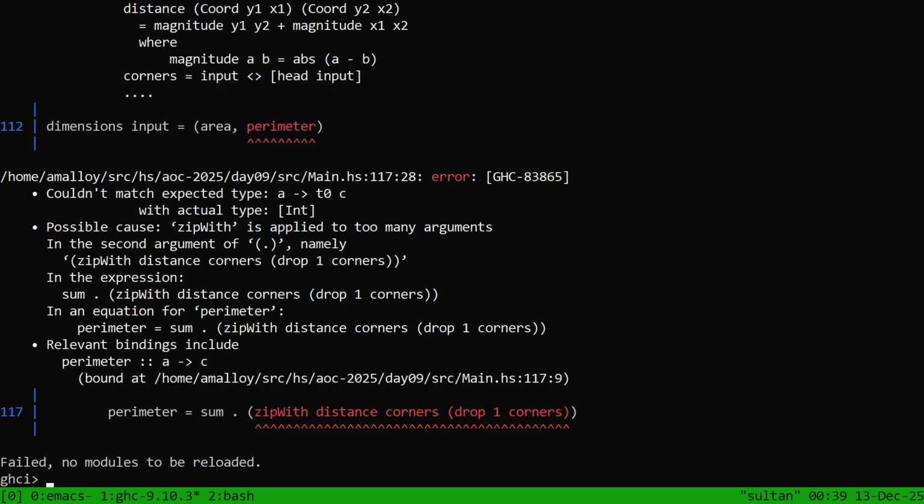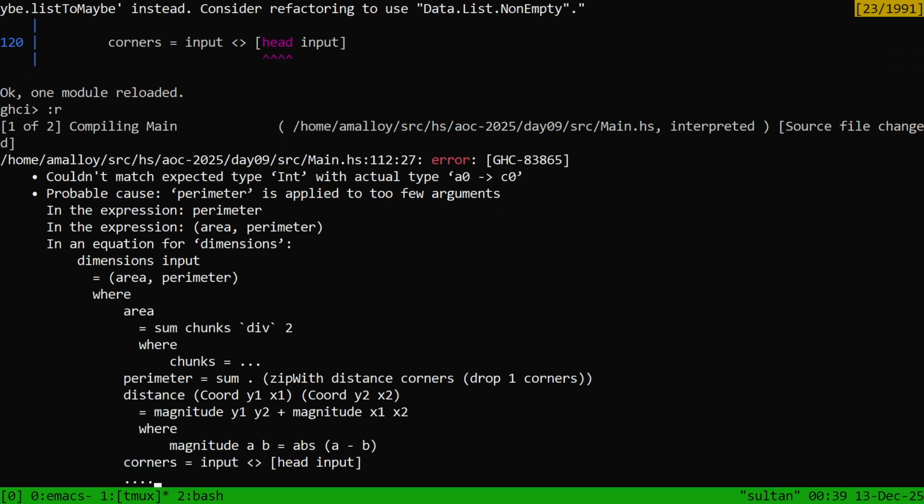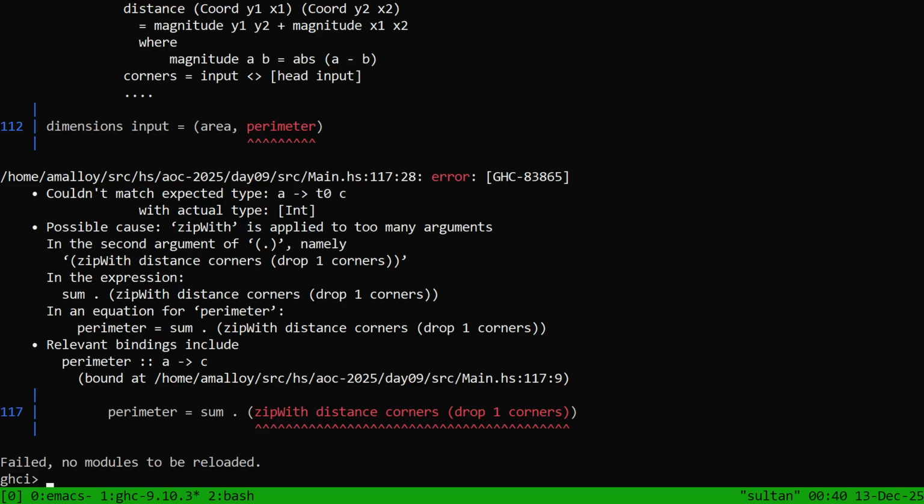Zip width is applied to too many arguments? What? Perimeter is applied to too few arguments.